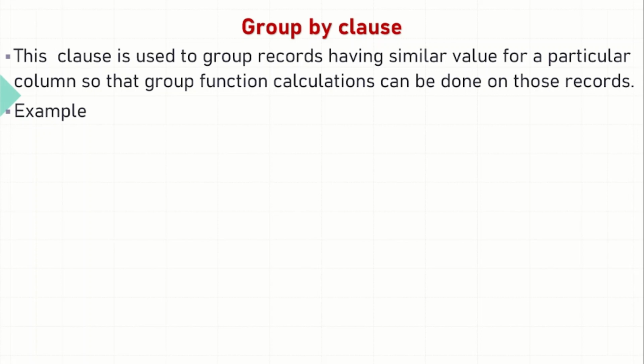Suppose I'm running a college and I'm running various courses like BCA, BBA, MBA, BTech, MTech, MCA, clear? And all these records are in one table only. And I want to know the department-wise, or course-wise, number of students.